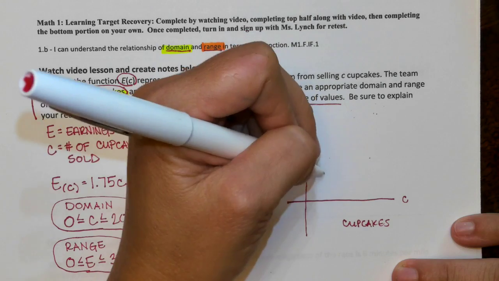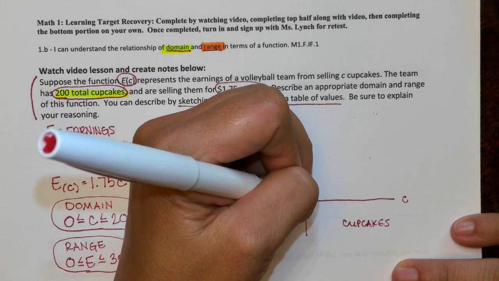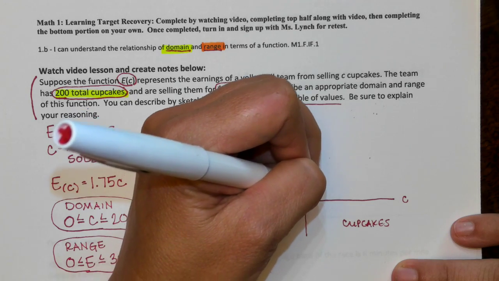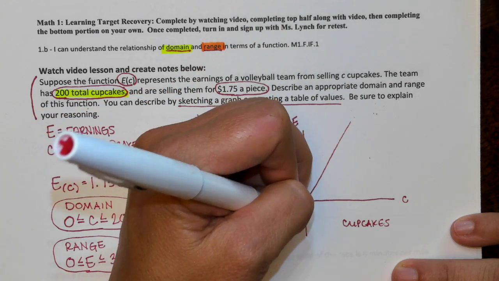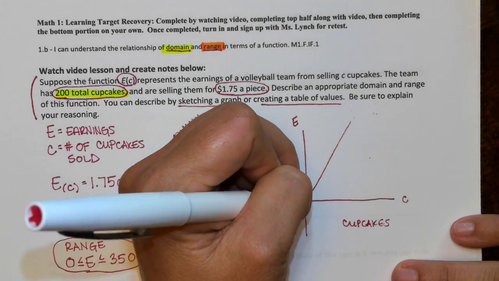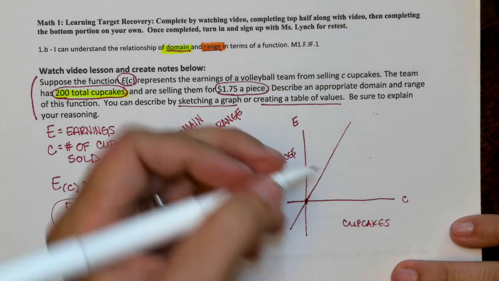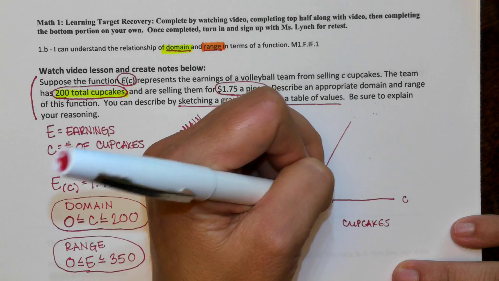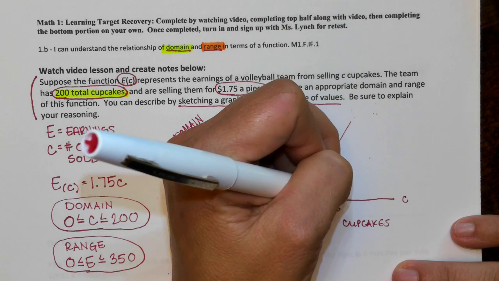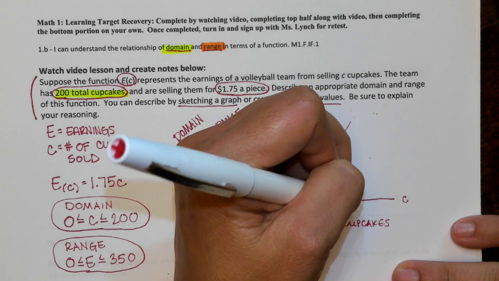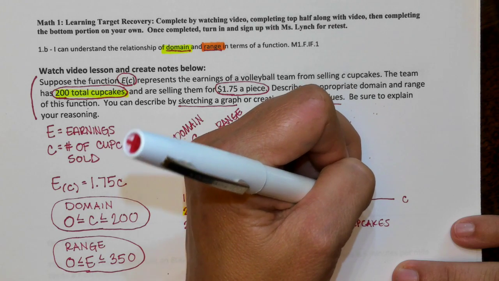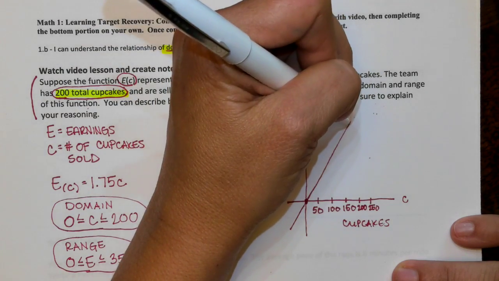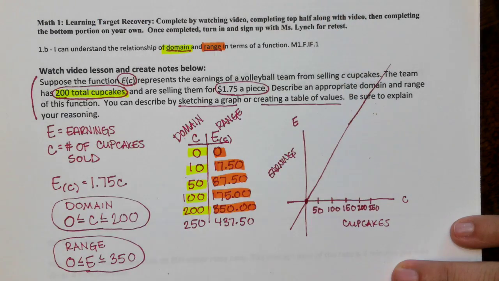And I'm just going to sketch something that, obviously I don't have a scale here going on because I don't have graph paper. This is 0, 0, right? There's the origin. And I'm going to say this is 50 cupcakes, 100, 150, 200, 250, and so on.